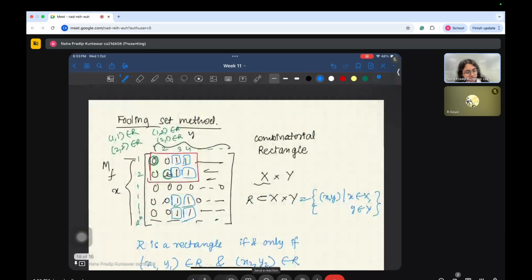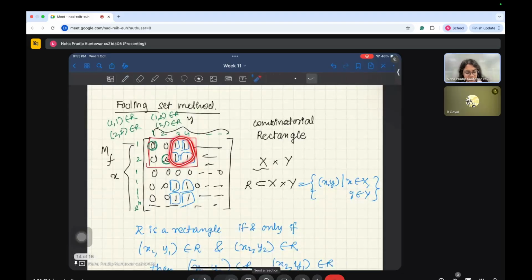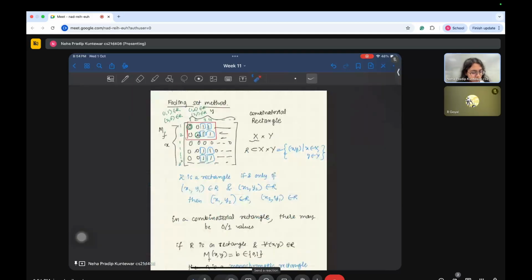So for example, these blue squares that we drew form a monochromatic rectangle, whereas the red one is not monochromatic.